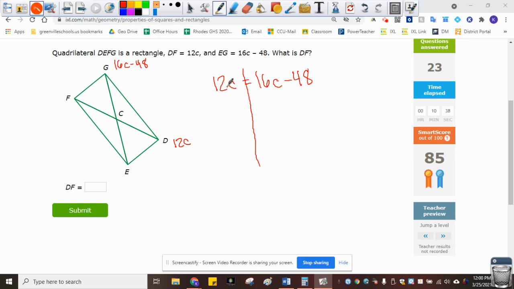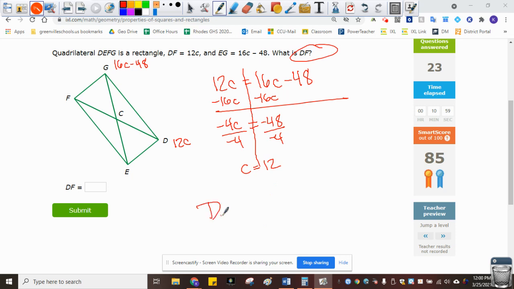I always say I want to move the smallest one, but in this case, I'm going to move the largest because I'm trying to get my variables on one side and my constant on the other side. So negative 4C equals negative 48. So C is 12. But it asks what DF is. So DF is 12 times C. So 12 times 12. I think that's 144.